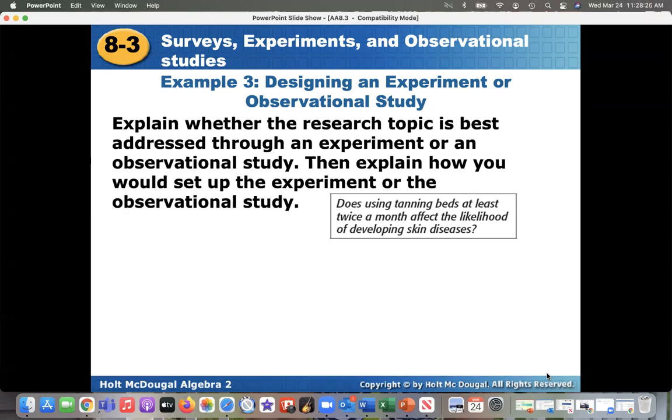All right. Does using tanning beds at least twice a month affect the likelihood of developing skin disease? What type of research would we want to do to address that issue? Would we want to do an experiment or a study? Why? You don't want to risk people getting cancer.